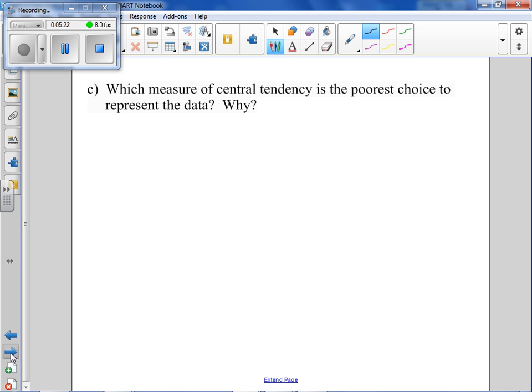It says, which measure of central tendency is the poorest choice? So just like B, I would now say that the mean is the poorest, for the same reason as before.